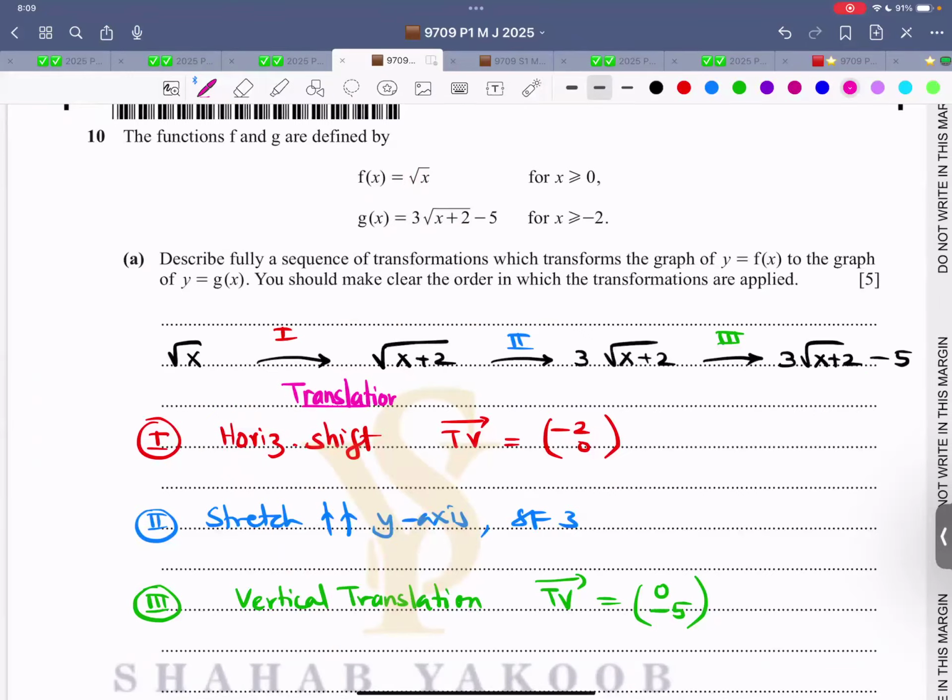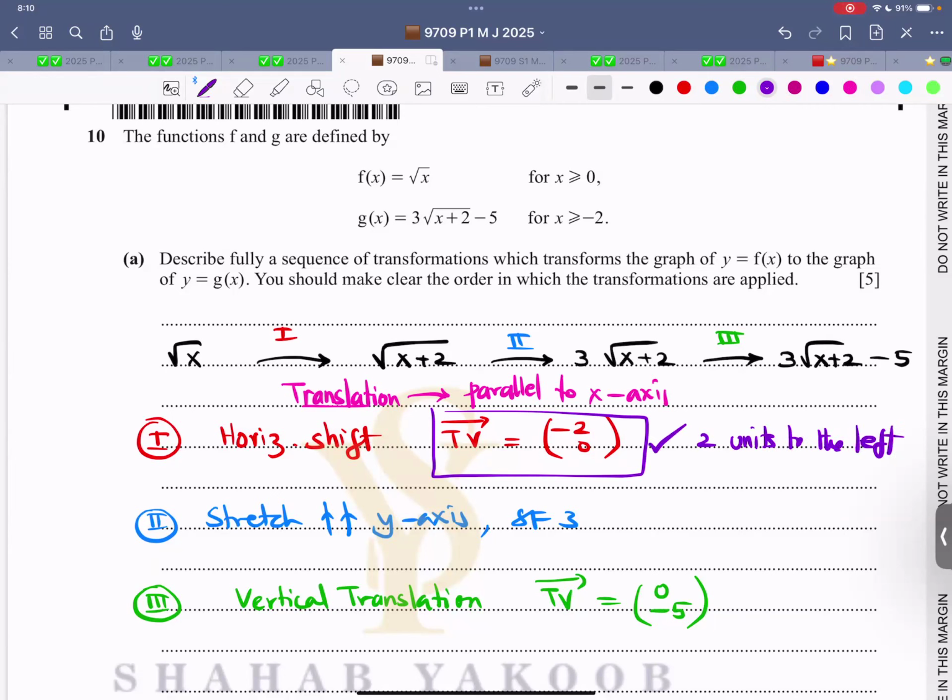When we use the word translation, we can say translation parallel to x-axis, or you can say along x-axis. And don't forget to give the translation vector. That is a must. +2 means it's moving 2 units to the left. So this is 2 units to the left. Write it, and of course also give the translation vector.